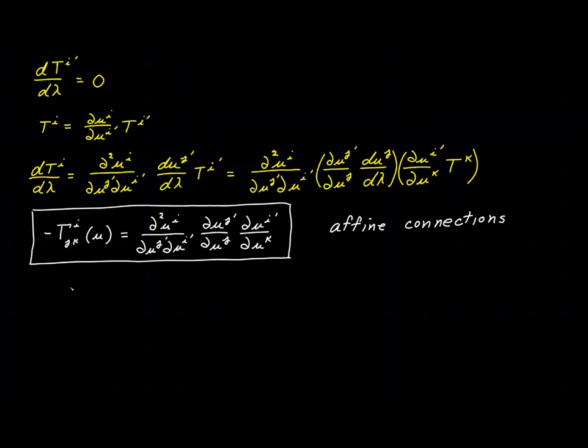Just for kicks, you might want to see if you can derive the Christoffel symbols for plane polar coordinates from this expression. Just choose r and theta for u, and x and y for u prime, and plug into the formula. This will prove to be instructive, but as you'll see, it's a pretty cumbersome process and not very practical.